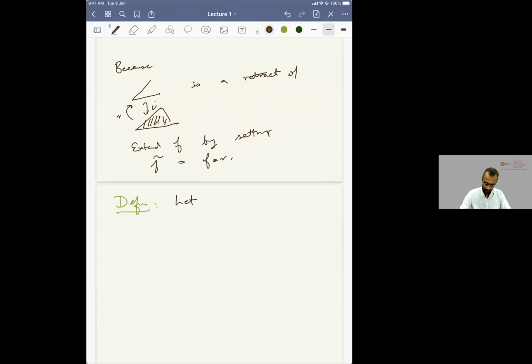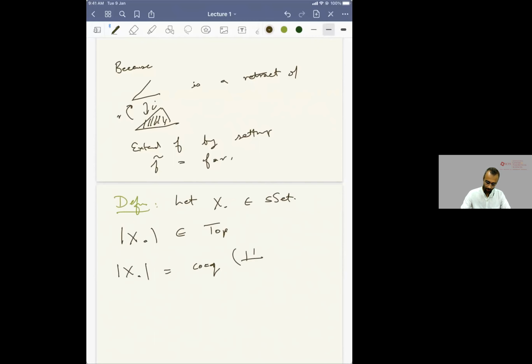Let X dot be a simplicial set. And the geometric realization of X dot, belonging to top, is defined as follows. The geometric realization is the co-equalizer of the following two things.